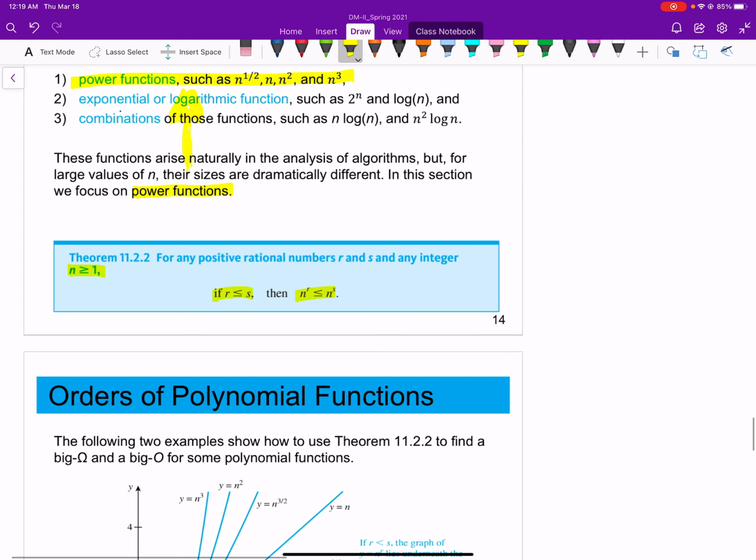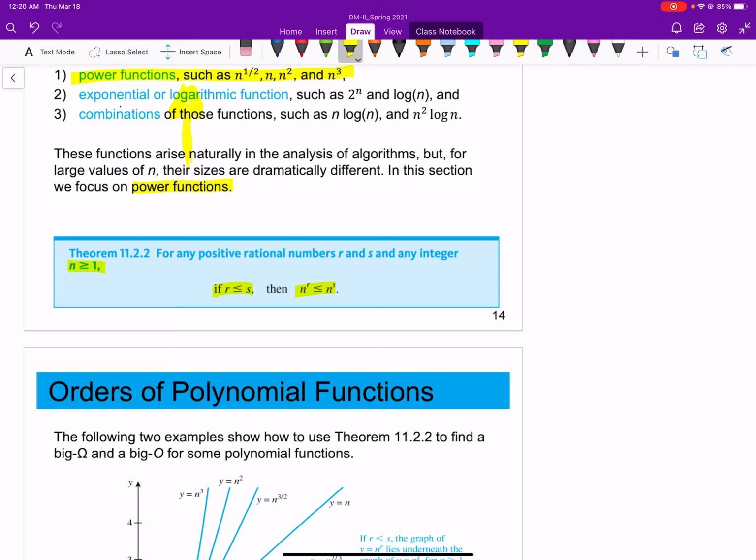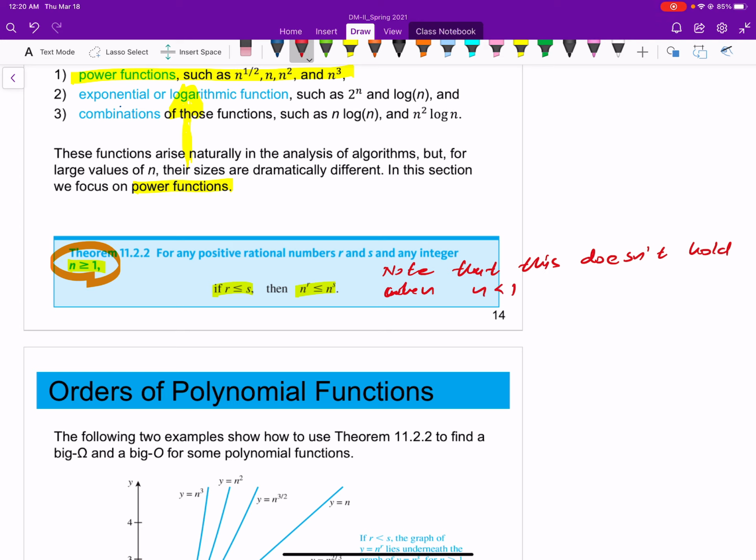This is clear to you. This only happens if n is greater than or equal to 1. Note that this doesn't hold when n is less than 1. All right, so this is important.